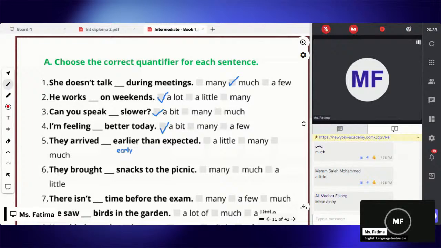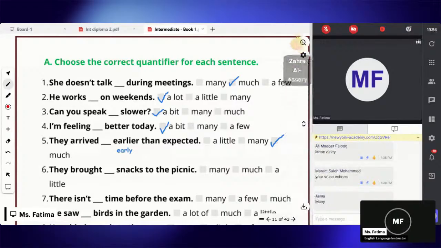So we say they arrived much earlier than expected. A little is not wrong, but the word much makes more sense, because if it's a little, we're not gonna talk about it, to be honest. See? So they arrived much earlier than expected.